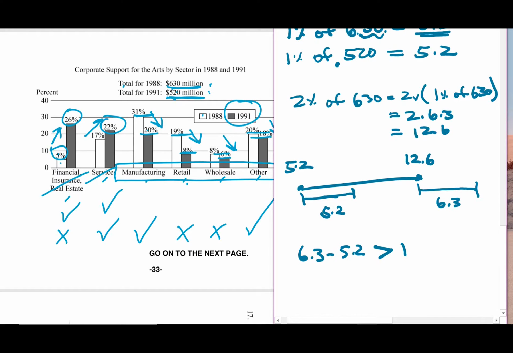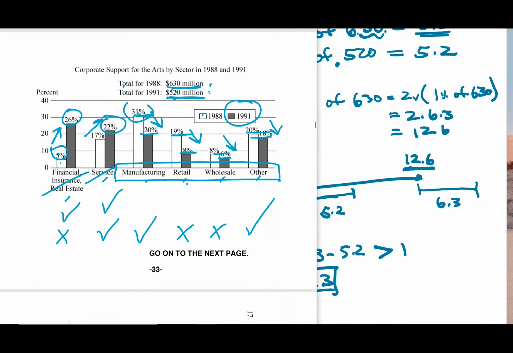Basically, this is like 1.3. So every time the 630 increases by 1%, it's separating by a distance of 1.3. Therefore, the larger percentage right here is going to have a larger separation distance, even though they're the same distance of 11%.